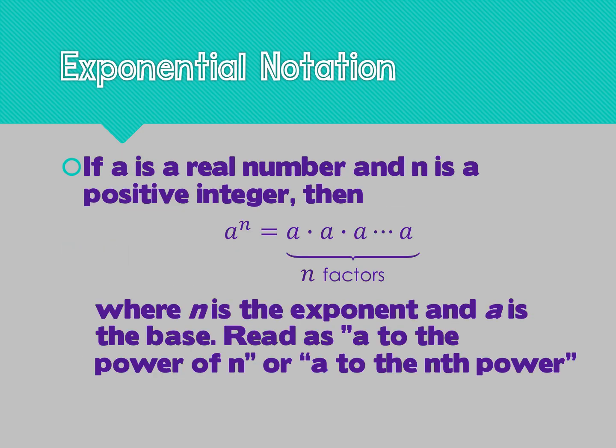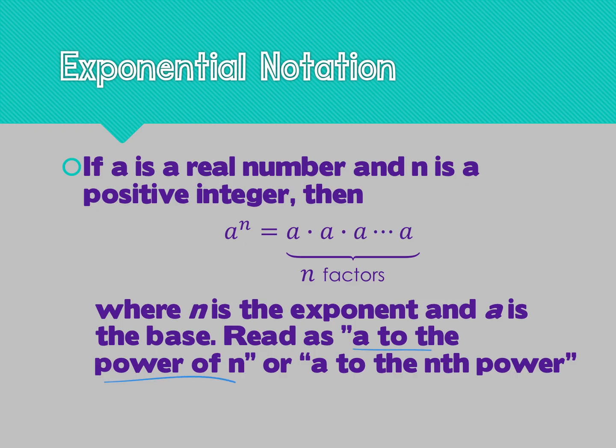Now, something a little bit more proper would be something like this. This is our actual mathematically correct way to say something in exponential notation. So if I have some real number a and I have a positive integer n, then I have something that looks like this: a to the power of n.